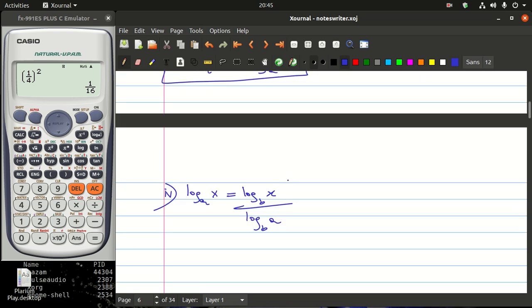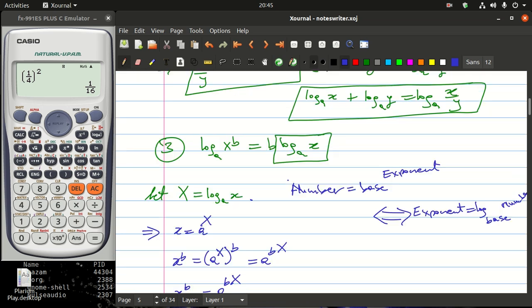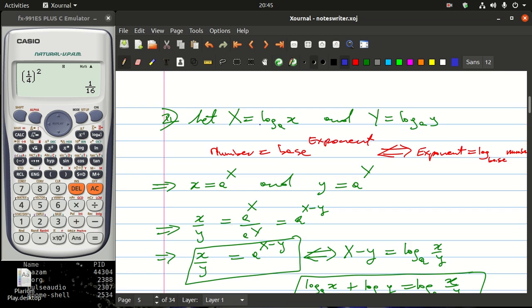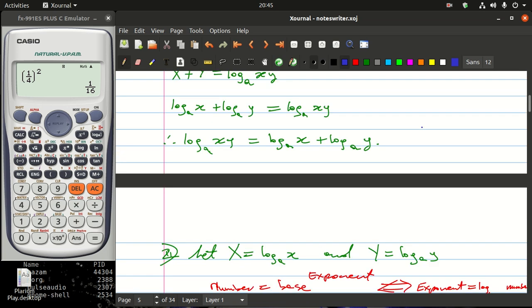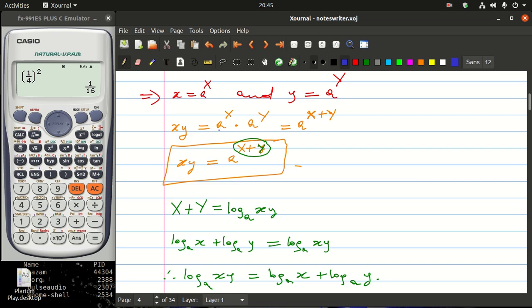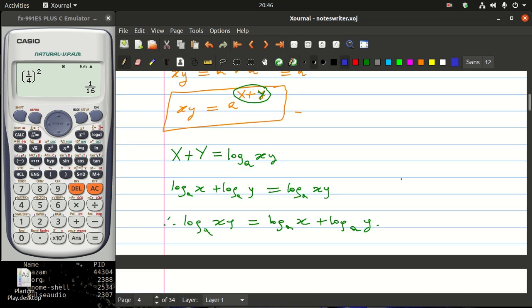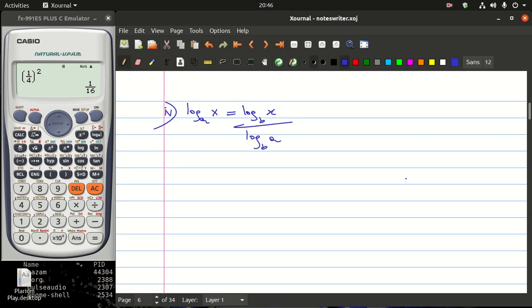If you have noticed in all these problems when we're trying to prove these things, we keep saying let x equal to that, let y equal to that. This is not an exception. We're gonna do the same thing here.